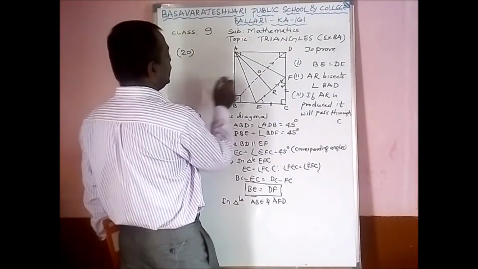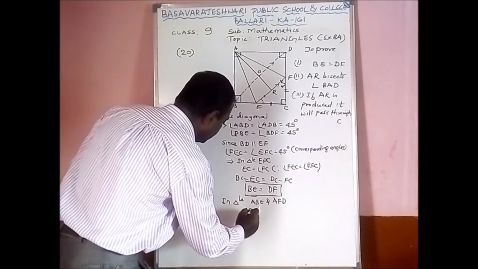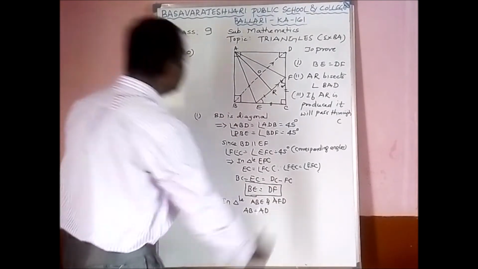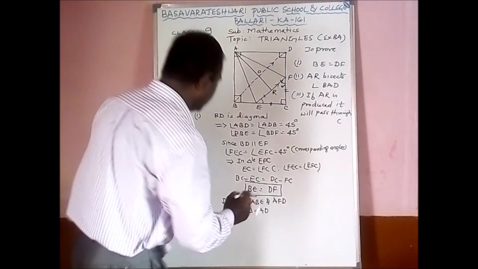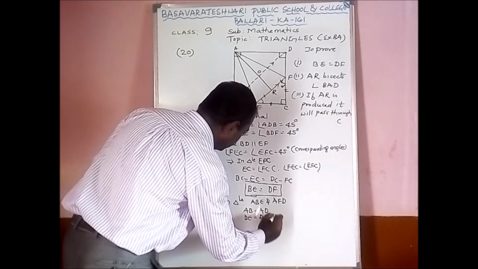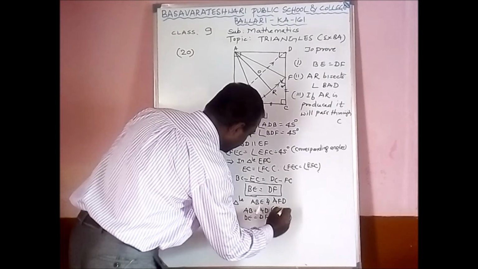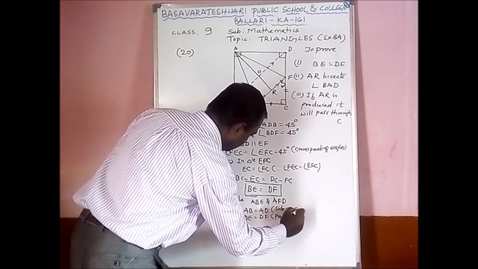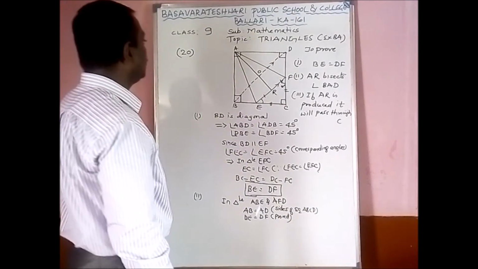AB is equal to AD, isn't it? Similarly, BE is equal to DF, that we also proved. These are sides of the square ABCD. We have proved it.